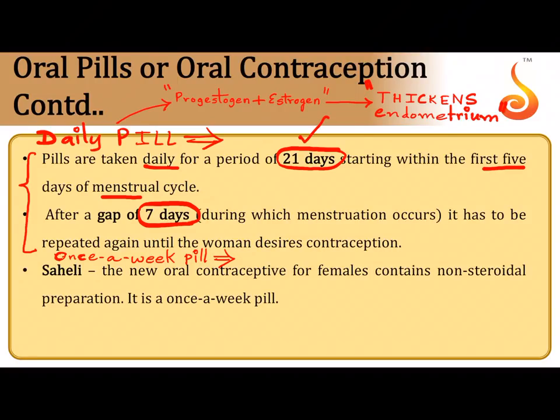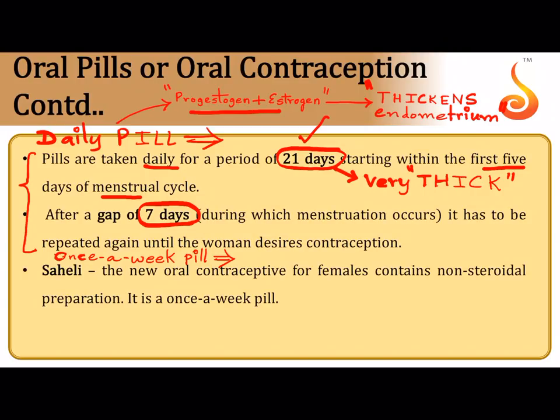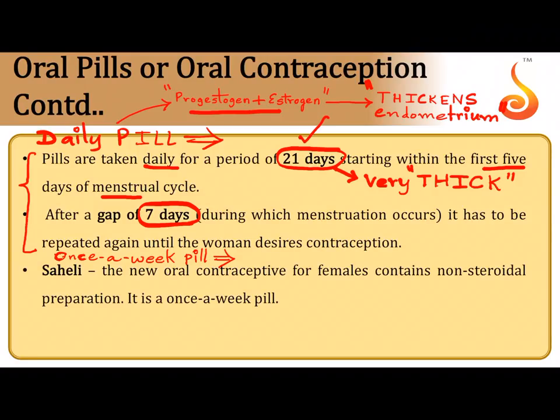Now, if she does not stop taking the pill, even after 21 days, her endometrium has become very thick. And if she does not take a break, there are chances that the endometrium breaks down spontaneously and there is excessive blood loss.